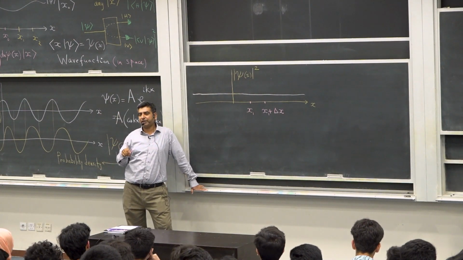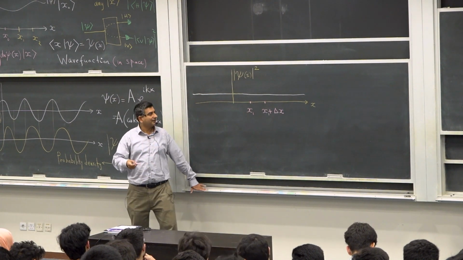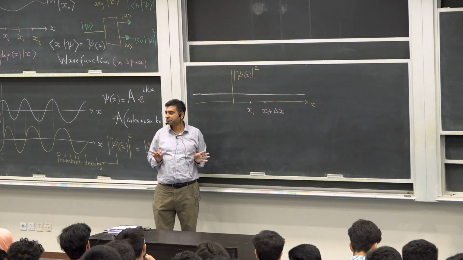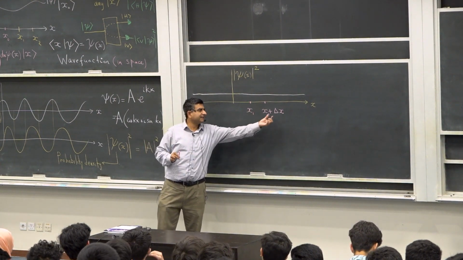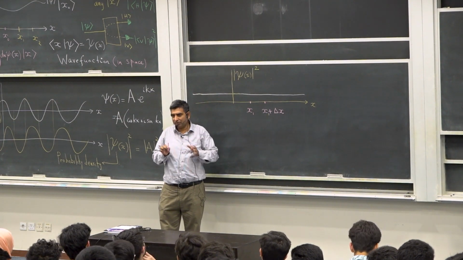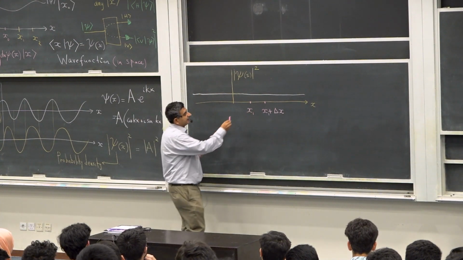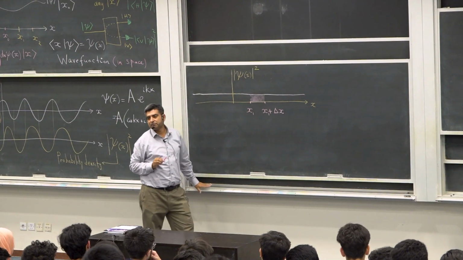What's the probability that I do a measurement and it turns out that a detector between these 2 points in space clicks, or I'm able to locate the particle somewhere here? And this delta x is a small difference between these 2 points. That probability is given by the area under this curve between these points.